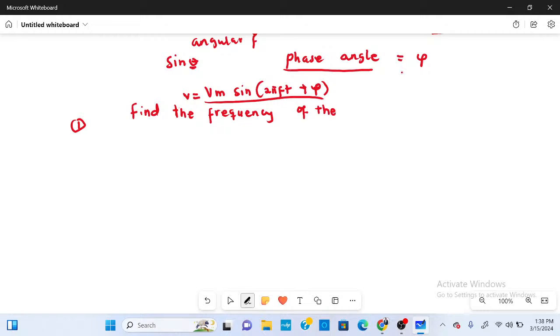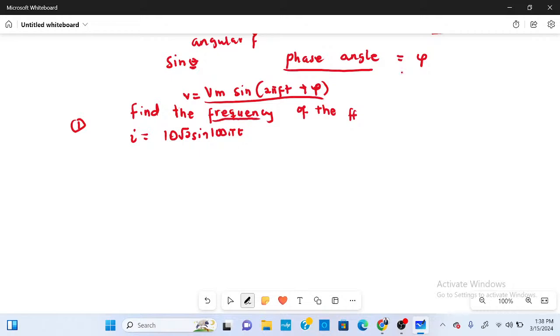The first one is our current I equal to 10 root 2 multiplying sine 100 pi t. This is the current, and we've been asked to find the frequency.